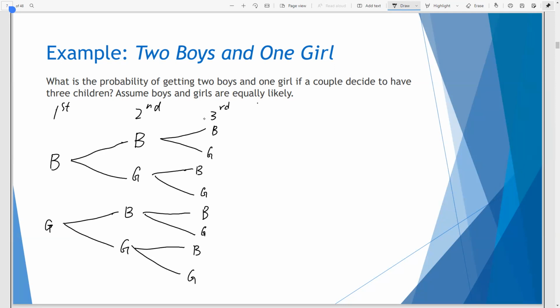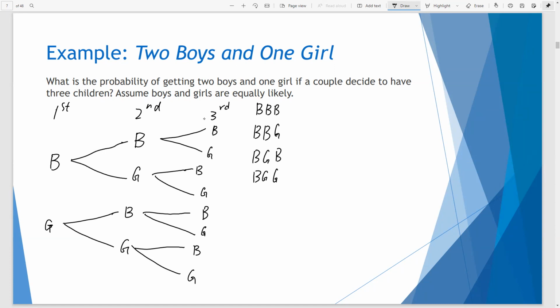So we have the total cases: 3 boys; first 2 boys and the third a girl; first a boy, second a girl, and third a boy or girl; then first a girl, second a boy, third a boy or girl; first a girl, second a girl, then the third could be either a boy or a girl.